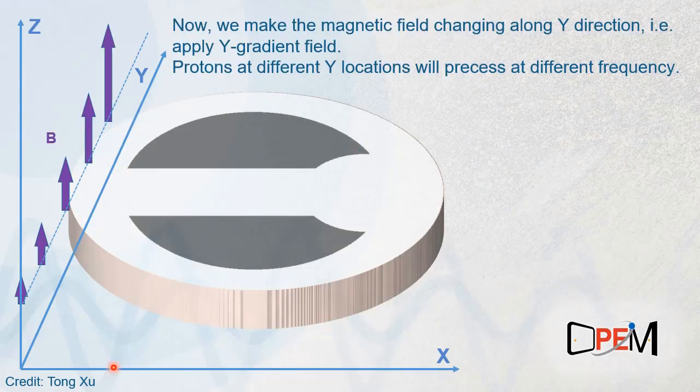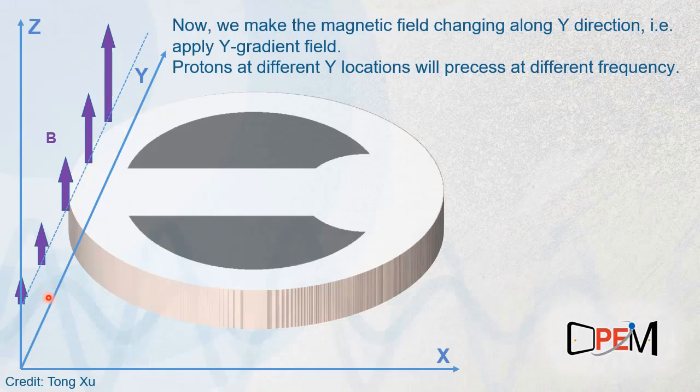After the slice selection, we change the magnetic field in a way that the field now changes along the y direction. The strength of the field increases along the y direction and is uniform in the z direction. So we call this y gradient field.